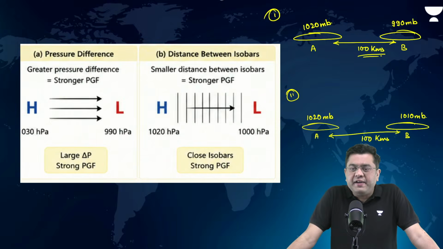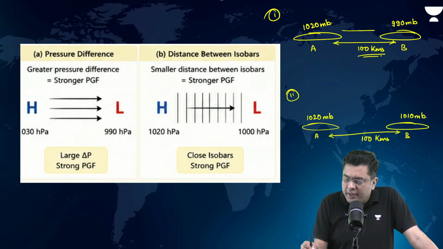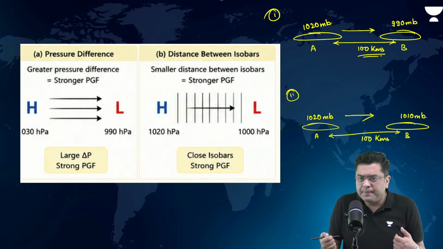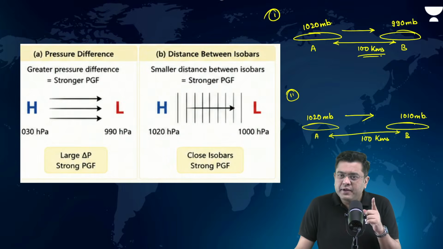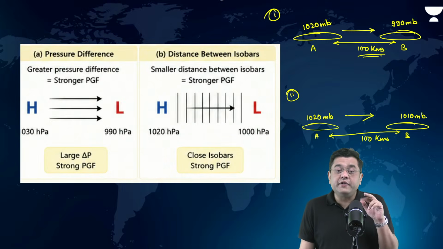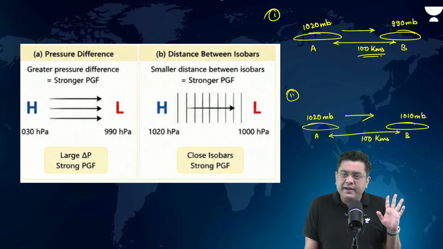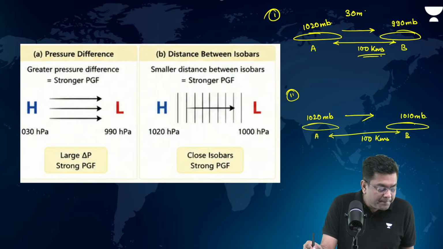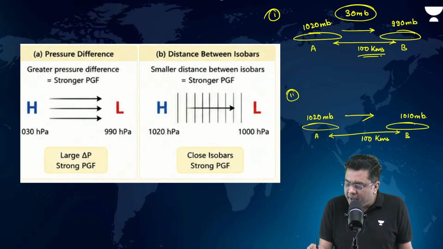In both the cases, I have a high pressure and a low pressure condition. Winds will move. But out of 1 and 2, where is the pressure gradient higher? Out of 1 and 2, always the gradient of pressure is higher at 1. Always it is going to be higher at 1. Here the difference of pressure is 30 millibar. Here the difference of pressure is 10 millibar.